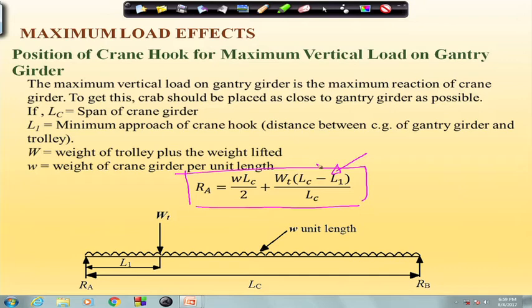So, we will keep the minimum L 1, minimum distance, so that the maximum load on the gantry girder can be achieved, for which we have to design, because for the worst condition we will be designing.